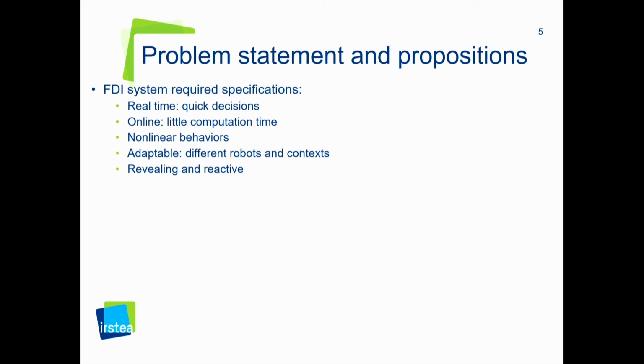It must be adaptable, and this is very important in agricultural environments, because today it's raining, tomorrow it's not raining. Today we have fog, tomorrow we don't have fog. The robots work in a dynamic and very variant environment. And finally, the FDI system must be revealing and reactive in order to help the operator to better accommodate the fault.